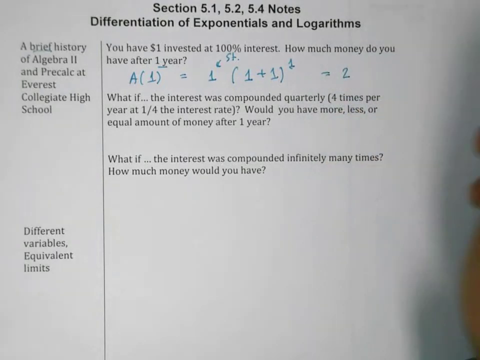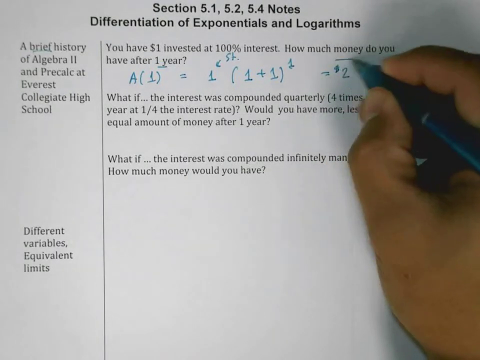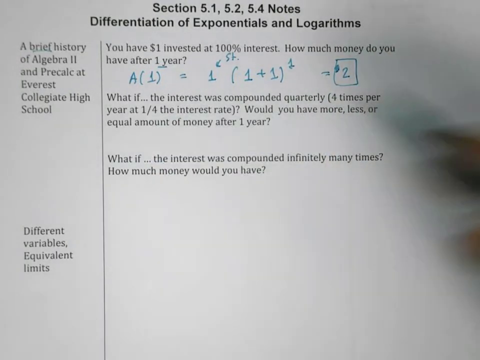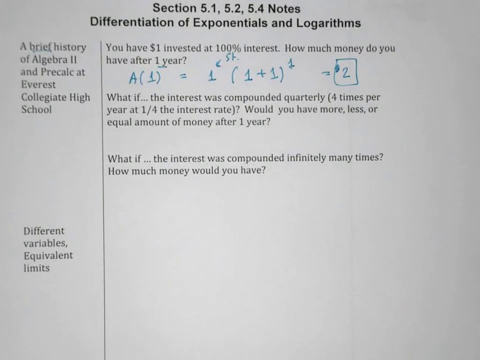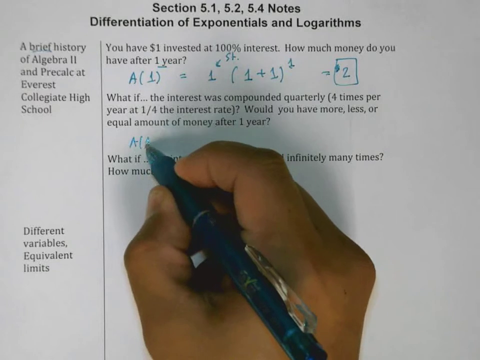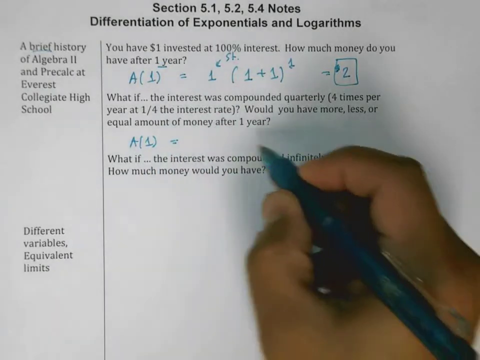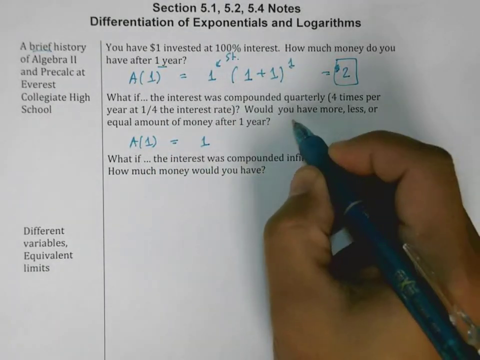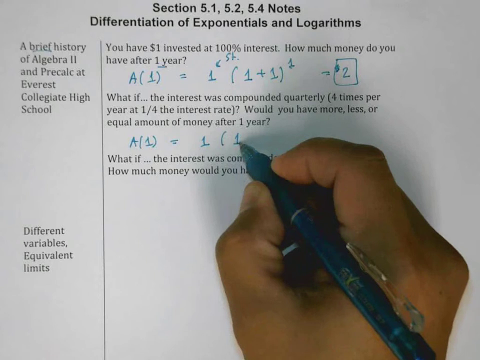So nothing special there. Next, what if the interest was compounded quarterly, meaning that it's compounded 4 times per year, but at 1/4 of the interest rate? Would you have more, less, or equal amount of money after 1 year? In this case, after 1 year, the amount of money that you have is still equal to that $1 you had before, times 100%, because that's what you started with.